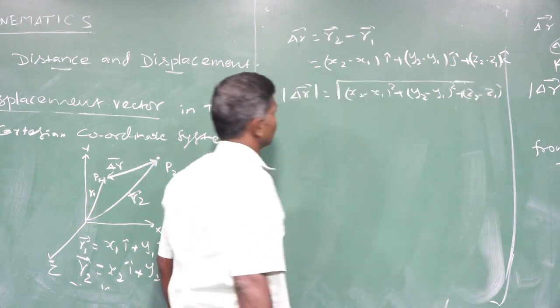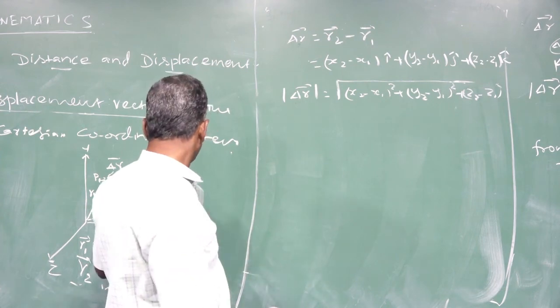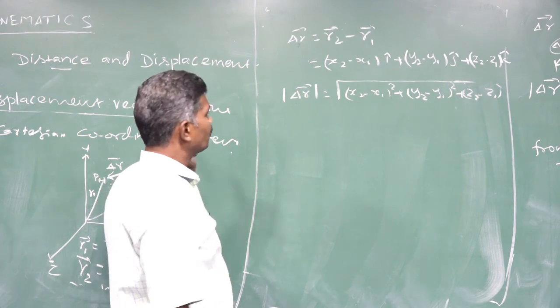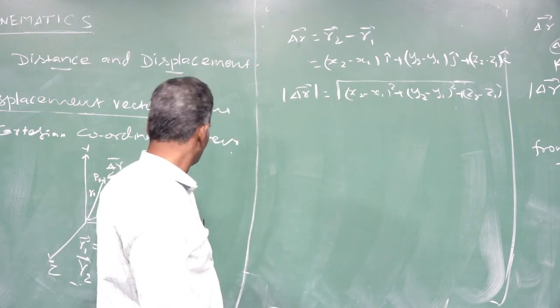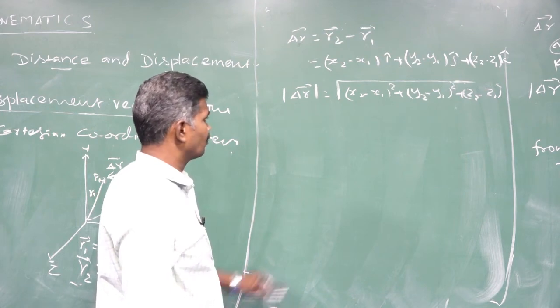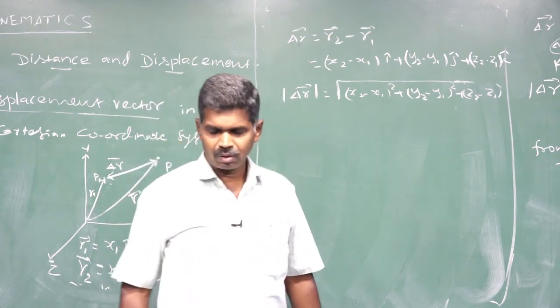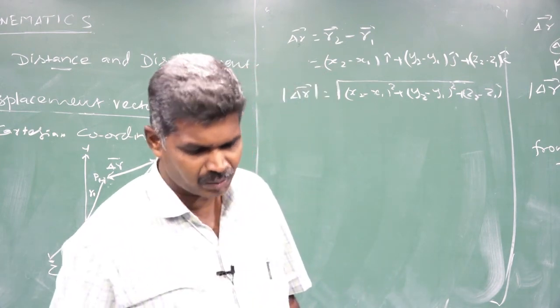But the direction is from the initial P1 position to the P2 position only. Similarly, for the two-dimensional manner we have already completed. Now we have some example problems to relate distance traveled and displacement.